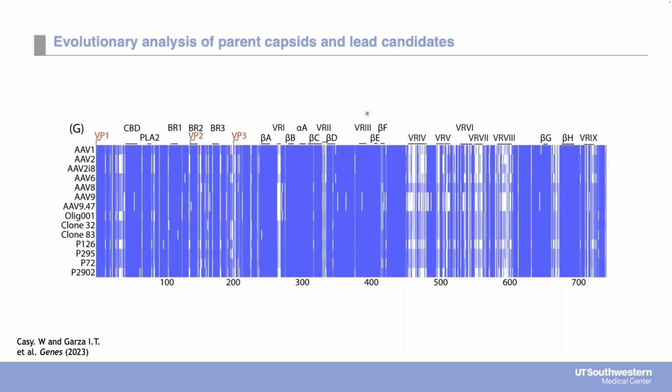What we found interesting was, for example, variable region 3 seemed to be highly conserved across all AAV capsids. This could give us some indication as to which variable regions may be most interesting moving forward, or even trying to design from a more rational standpoint, but also what regions we should really stay clear from.